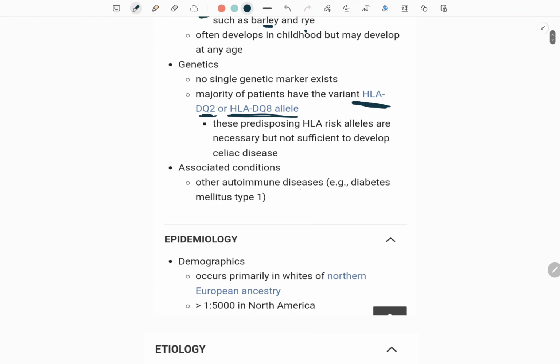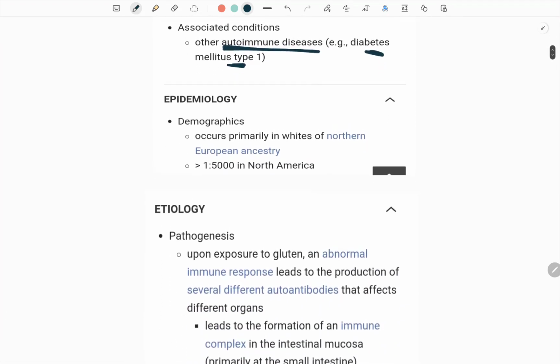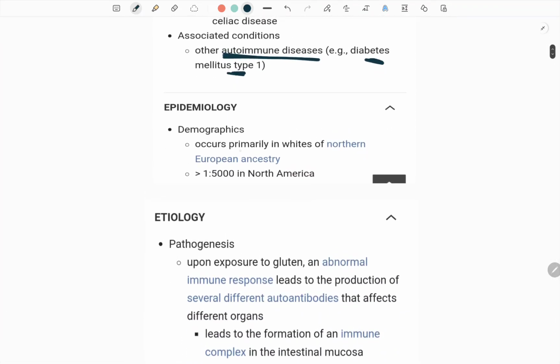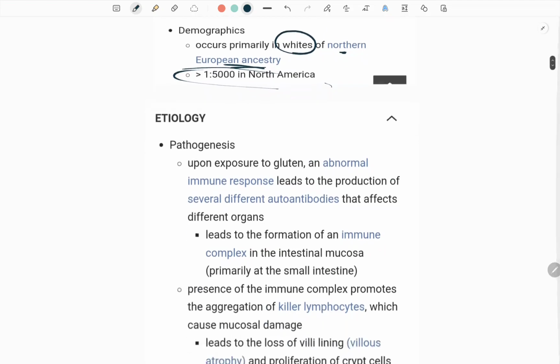Associated conditions include other autoimmune diseases, because whenever any autoimmune disease occurs, it always occurs in a group of autoimmune disorders, and diabetes mellitus type 1 is the most commonly associated. If we talk about the epidemiology, it primarily affects whites in northern European countries, and it is more than 1 in 5,000 in North America.